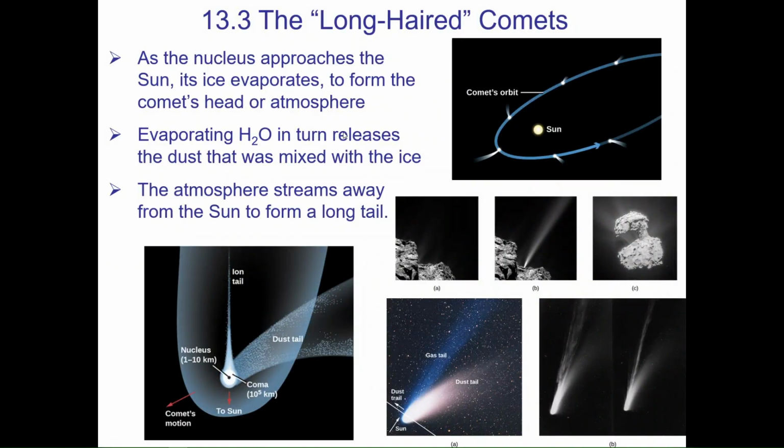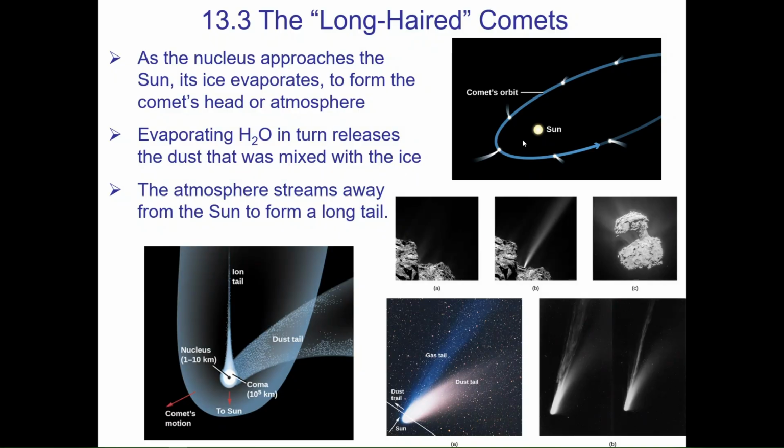Now let's take a look at how the comet is able to develop its long, beautiful hair when it is approaching the sun. Remember, what happens is that the comet has all this volatile material, like water ice or other types of ice. As the comet follows its orbit closer to the sun, you can imagine the temperature rises.